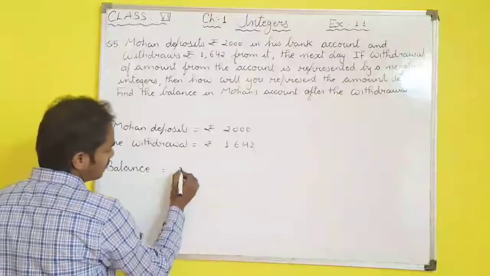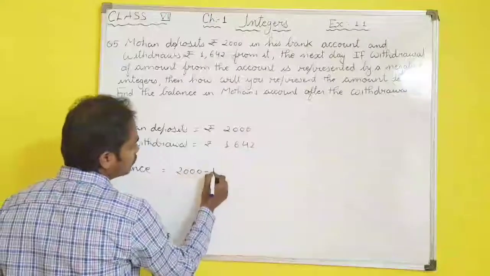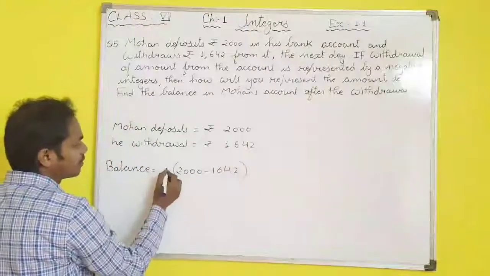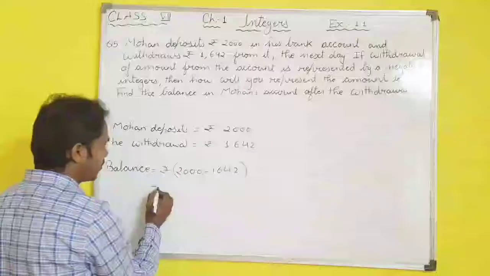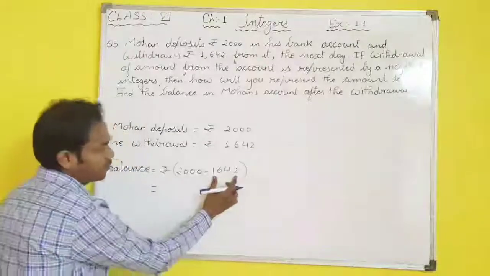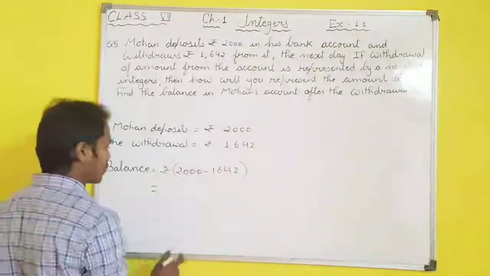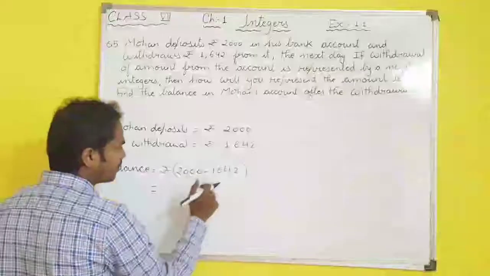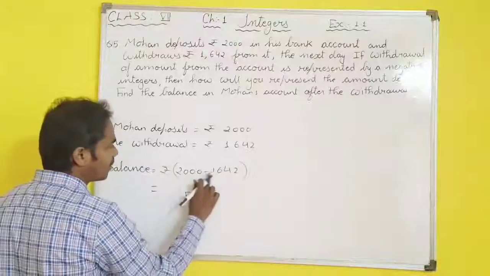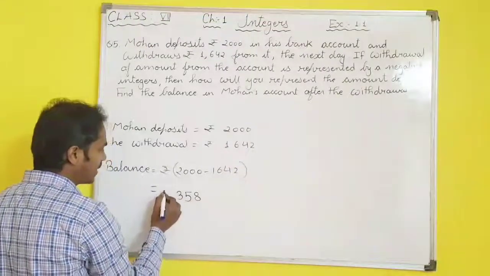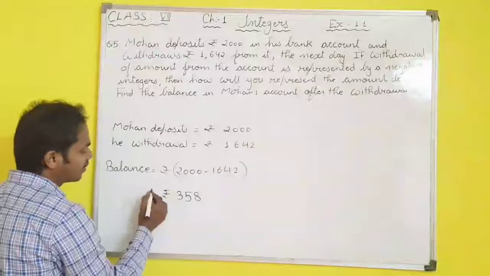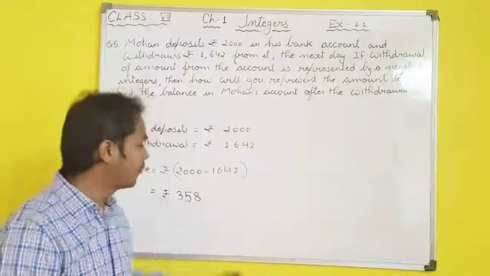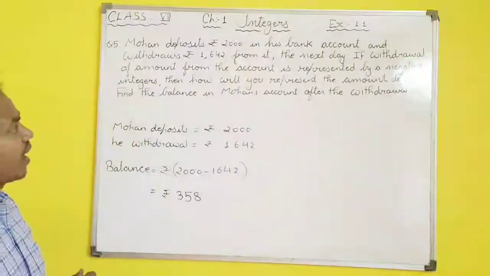So balance is rupees 2000 minus 1642. When you subtract 1642 from 2000, what you will get? 10 minus 2, 8, 9 minus 4, 5, 9 minus 6, 3. So what is remaining? In his account now, his balance is rupees 358.